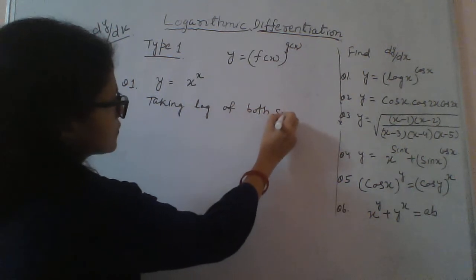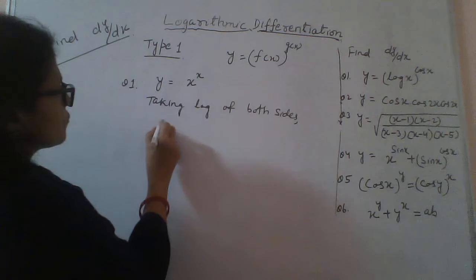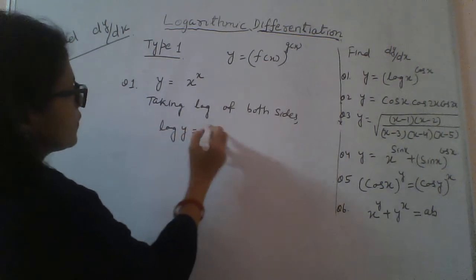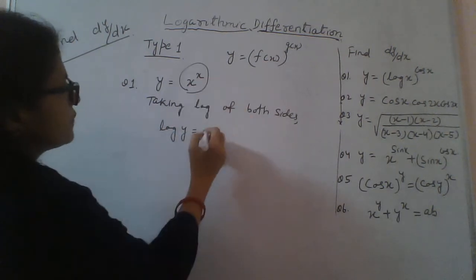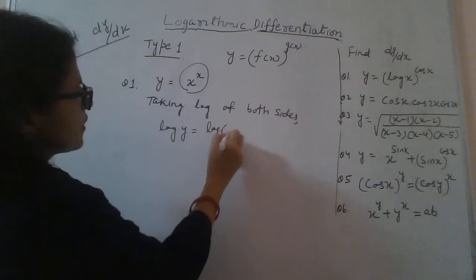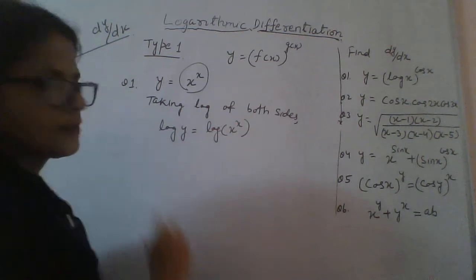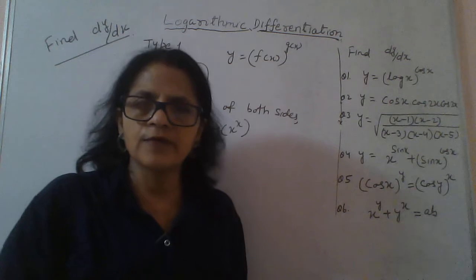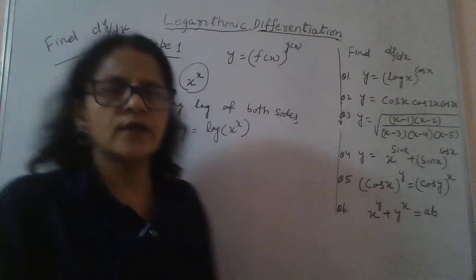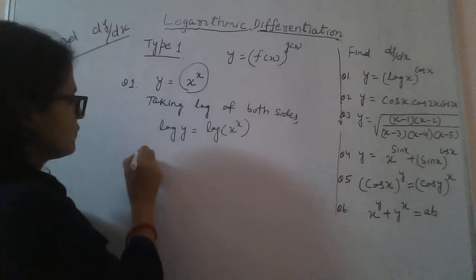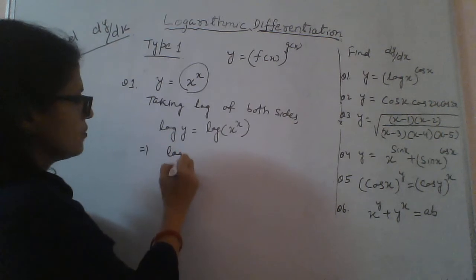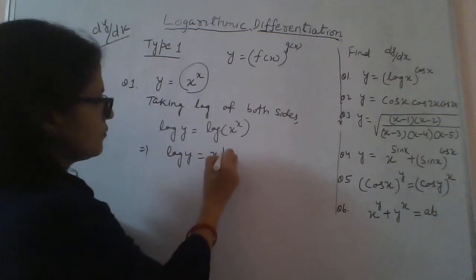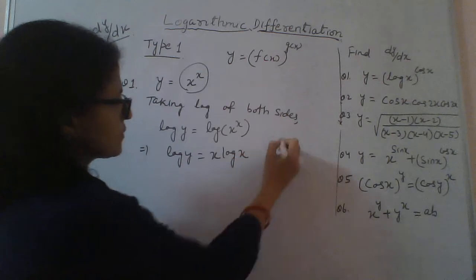So log y equals log of x to the power x, and we know log m to the power n equals n into log m. So this implies log y equals x into log x.